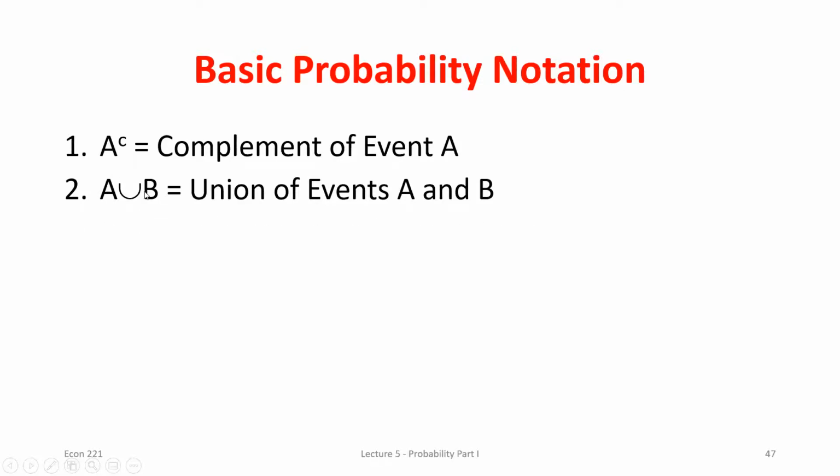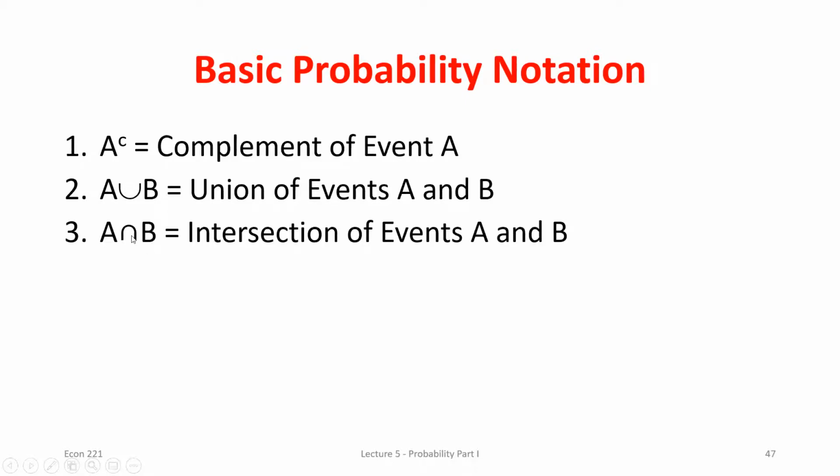So like I said, this is like a U, so union, or the way we say it with our words, A or B. The intersection is the upside down set symbol, which looks kind of like an upside down U. Some people say, if you put a line through it, it looks like an A. Because the way we read the intersection of two events is: is it in A and is it in B, right? Is it in both of them, okay?